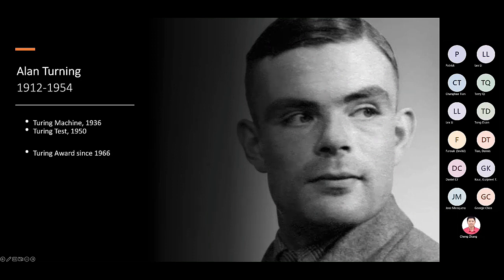Nowadays, if you use a laptop or a mobile phone, actually it's kind of an implementation of the Turing machine. And he also invented the Turing test in 1950, but he passed away sadly in 1954.